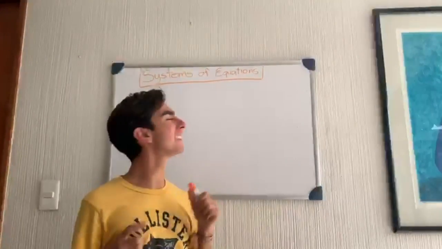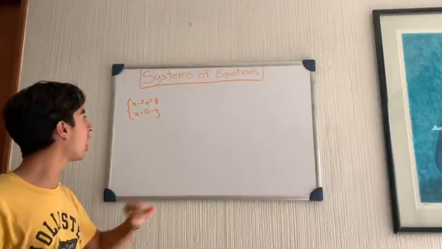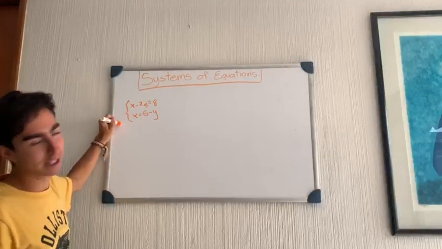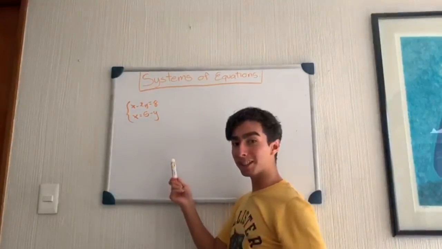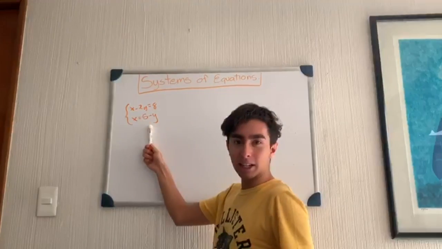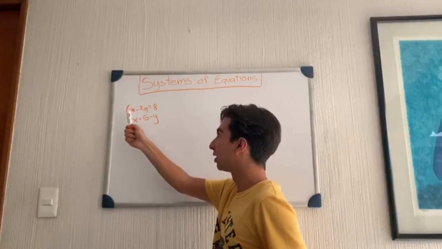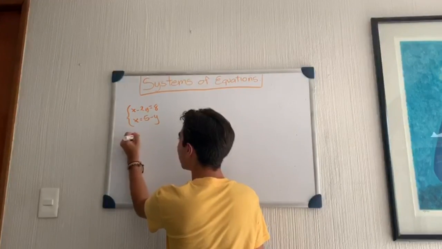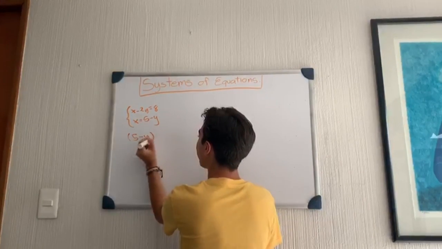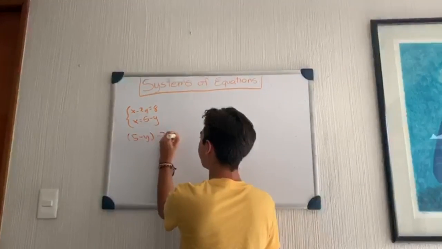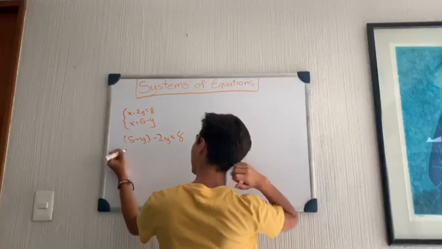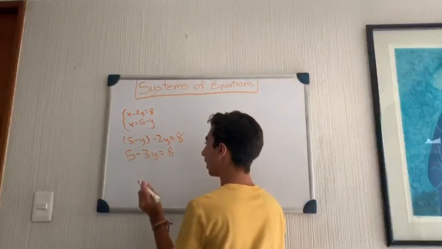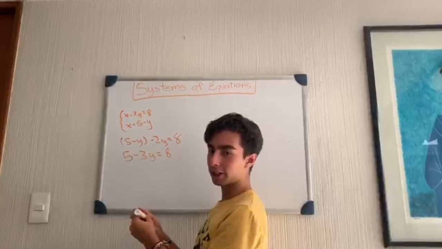Hey guys, it's me again. Now I'm going to show you how to solve by the substitution method. This is the function we're given. We are going to substitute x equals 5 minus y into this x, so we put it between parentheses, and then we solve for this.